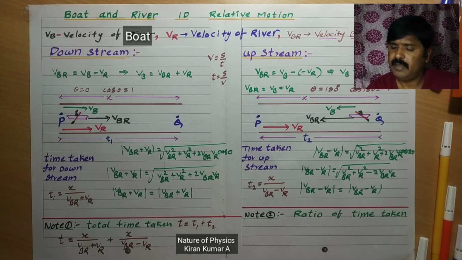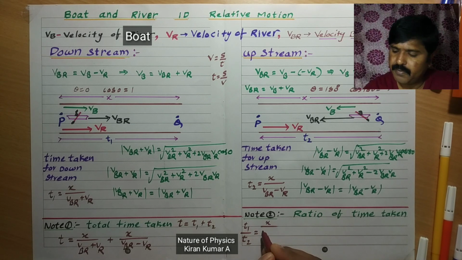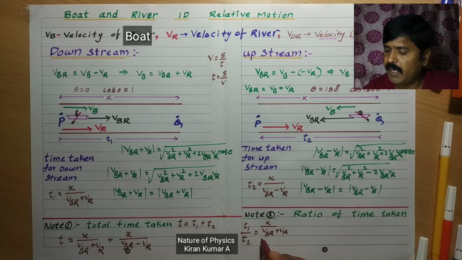Next, the ratio of times taken, that is T1 divided by T2. T1 by T2 equals x divided by Vbr plus Vr, whole divided by x divided by Vbr minus Vr.